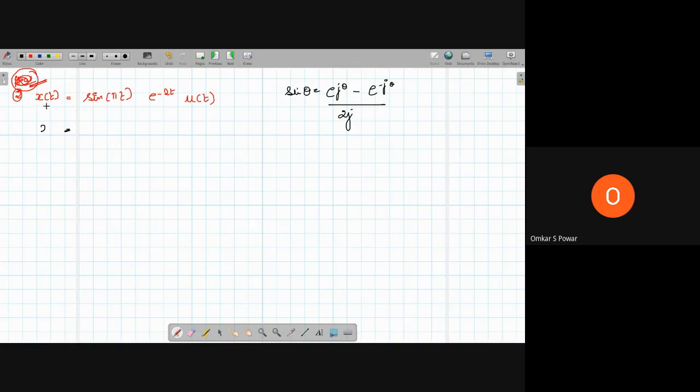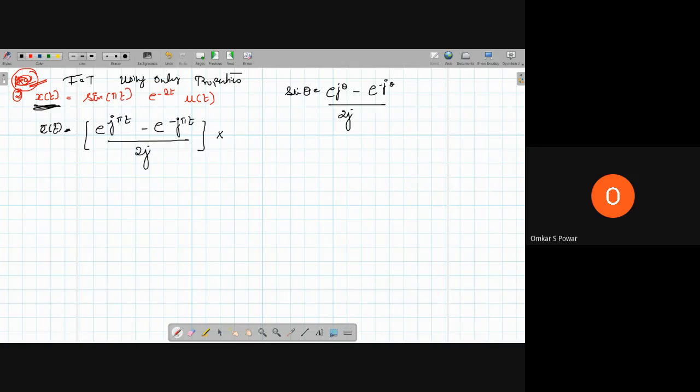Here they have given the time domain signal, so you have to find the Fourier transform using only properties. You can't use that formula. You have to use properties to find the Fourier transform. So the first thing, whenever they give a sine, you have to express it in terms of e power. So e power j pi t minus e power minus j pi t divided by 2j into e power minus 2t into u of t.